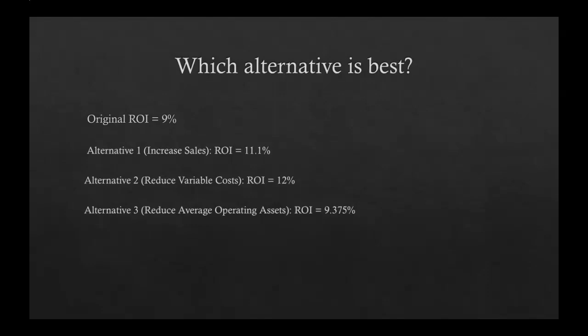So again, you can see each alternative is still going to be better than the original situation that the company was in. But there's a clear-cut winner as to which alternative we should choose. And that's number 2, because that has the highest ROI among the 3 alternatives.